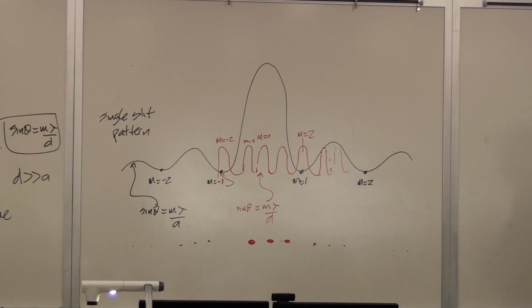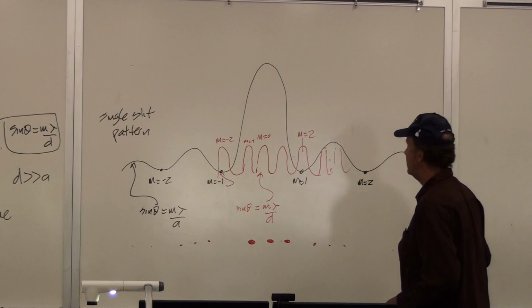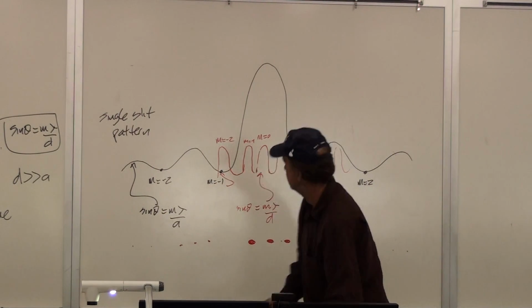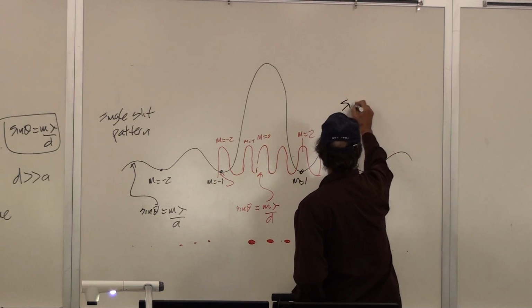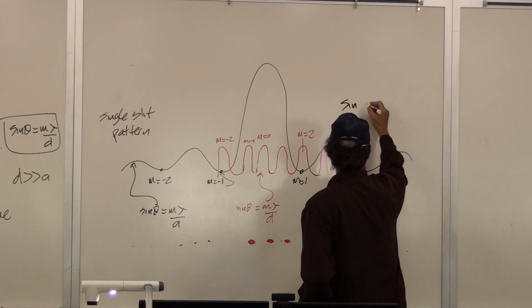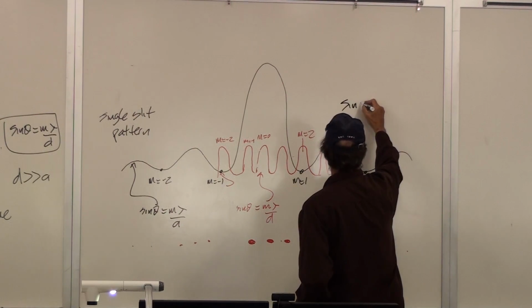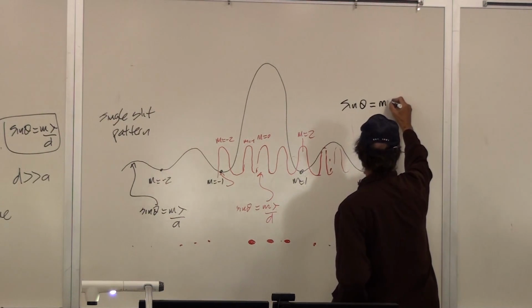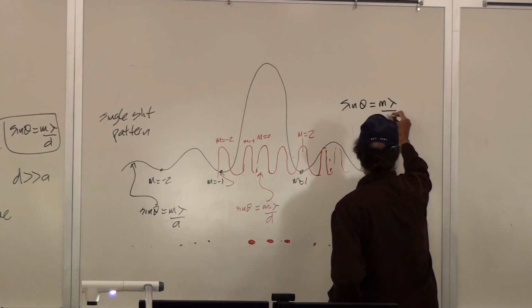All right, so what do we do then? Well, we want to set up an equation so that the sine of theta is m lambda over d.